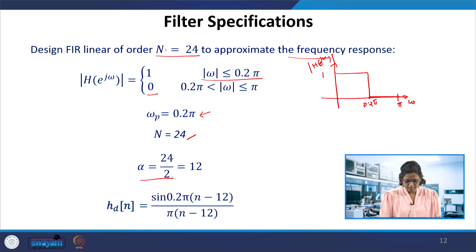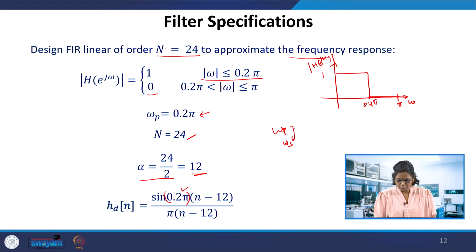So alpha, because it is an even order, is going to be divided by 2, so 12. Once we know alpha, 24 by 2, HD of n is sine omega c. You can see here that omega c is taken as omega p itself. The passband and stopband frequencies omega p and omega s are not given.